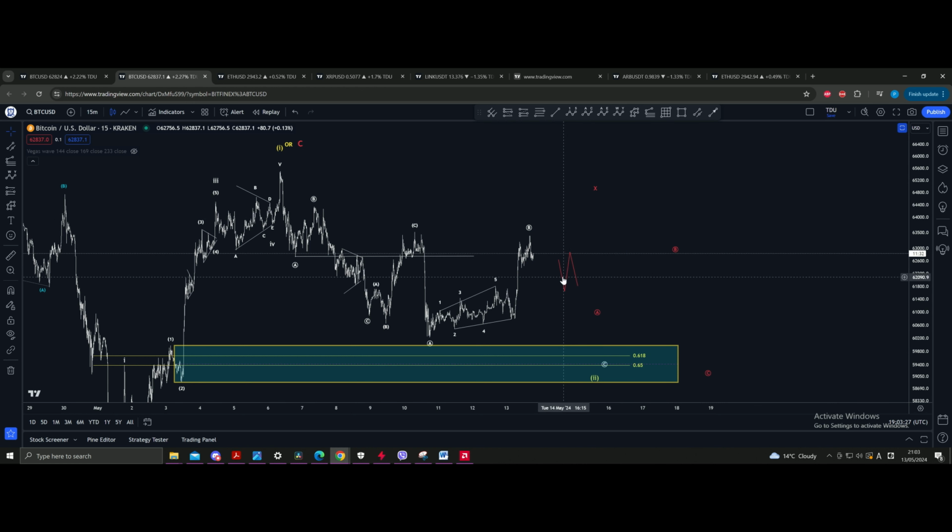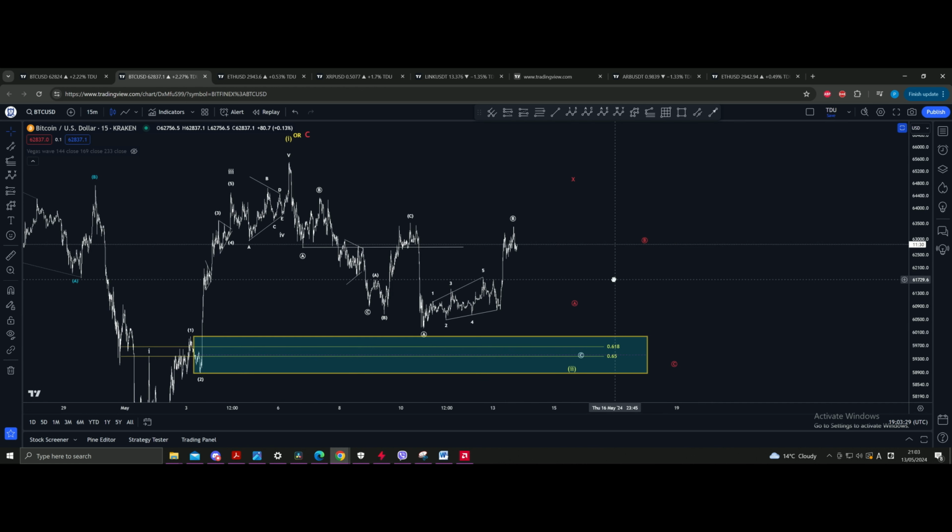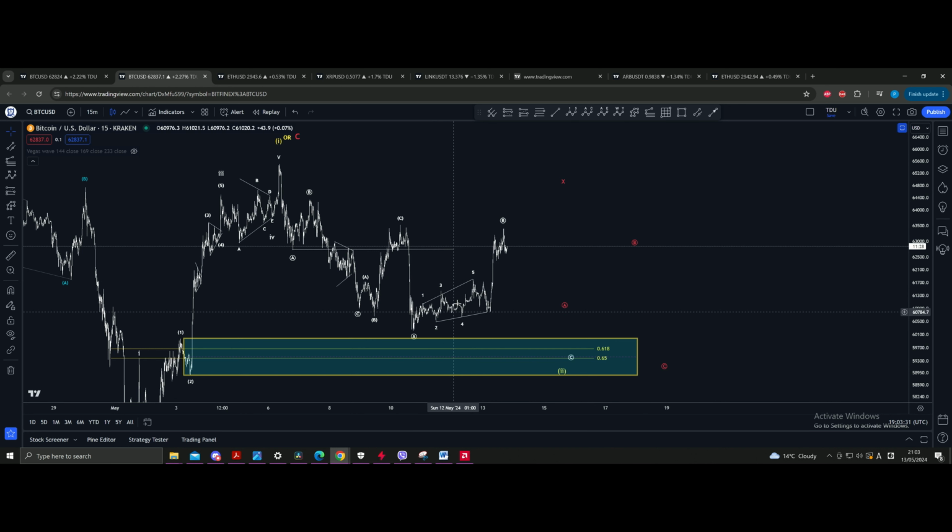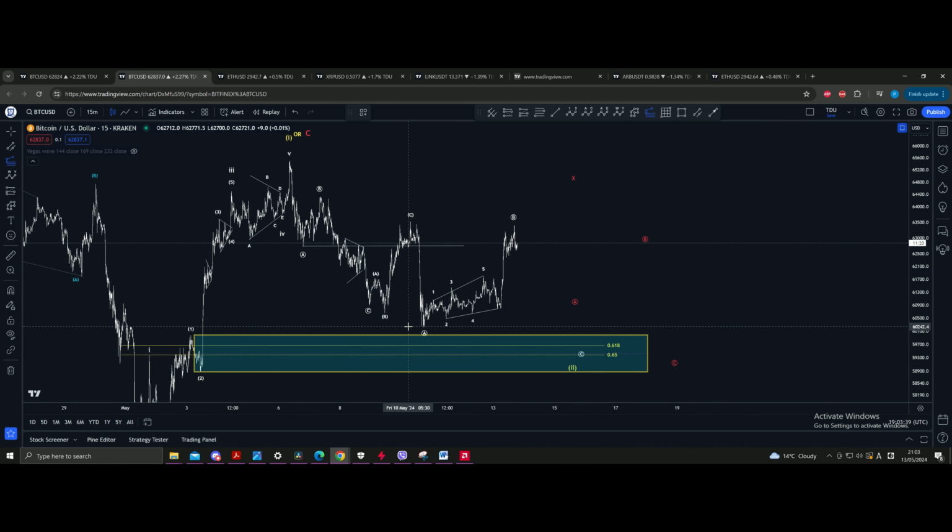Just a current observation. So this looked sluggish, corrective, the way I wanted it, and next thing you know, it's leading diagonal. So leading diagonal that goes to 0.618, which is a target for the wave C or wave 3.